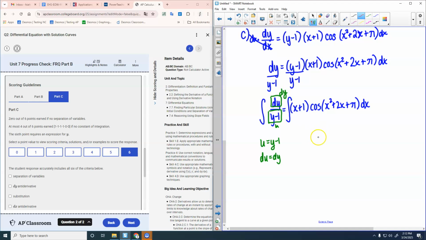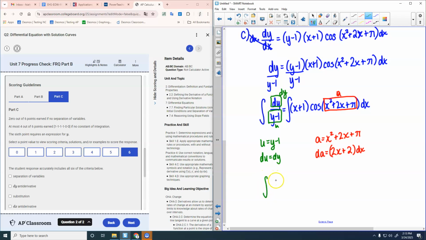So I'm going to use an a. It doesn't matter what letter you use. So if a is x squared plus 2x plus pi, what would we get for our dA? 2x plus 2 dx. So on the left-hand side, you can write this part or not write this part.